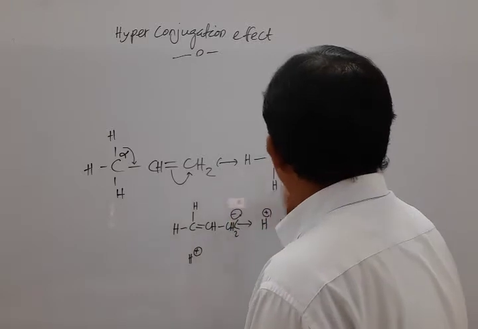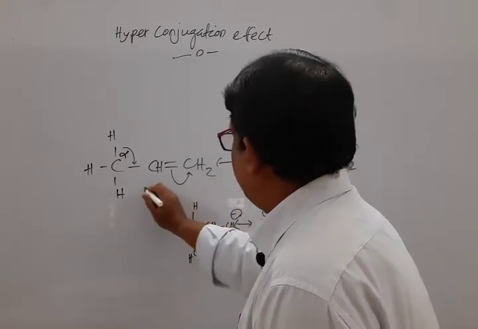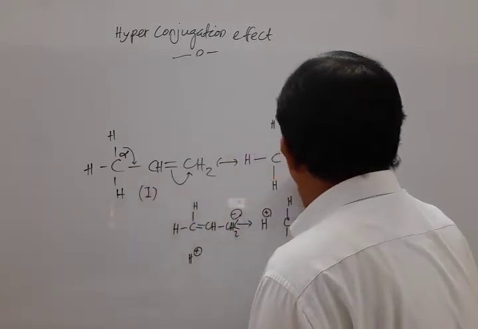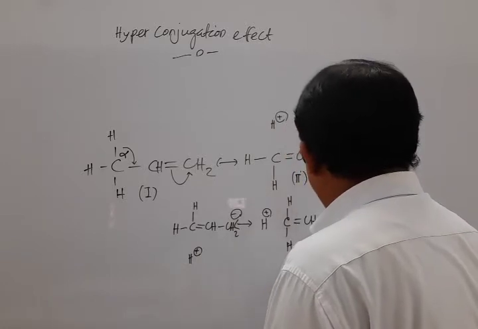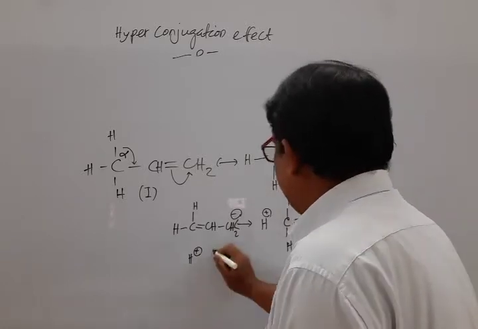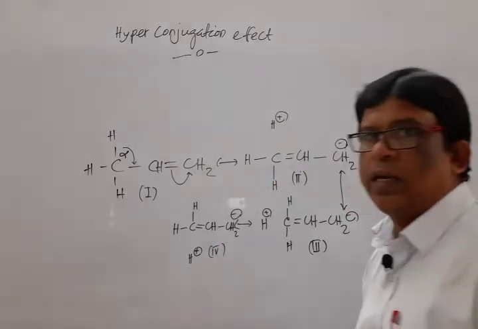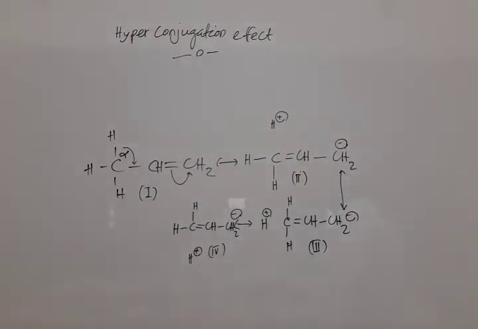It is structure 1, structure 2, structure 3 and structure 4. Mark that, four resonating structures are there.